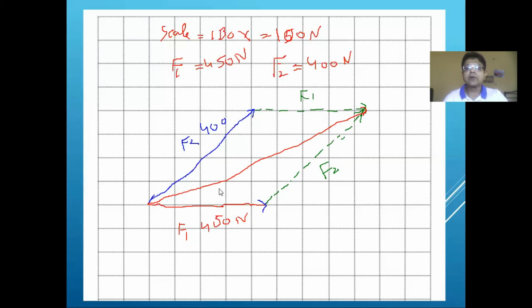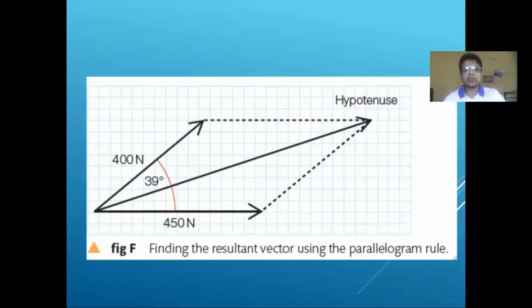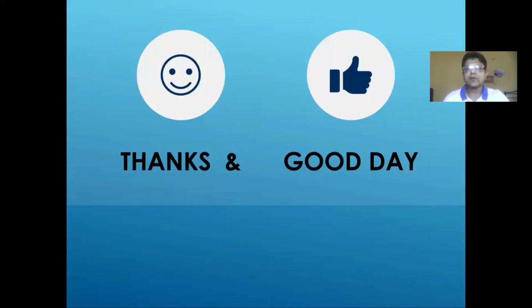If we count its length, how many blocks there are, then we will find its resultant. In actual, if you draw it, it will look like this, and the diagonal will give us the resultant vector. This is called the parallelogram rule, for forces which are acting in the same direction or in the opposite direction.